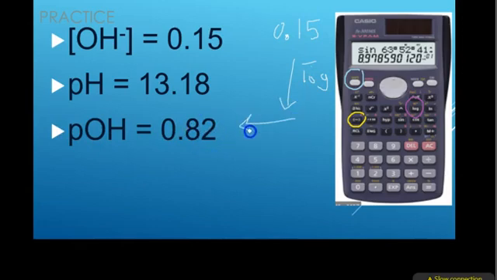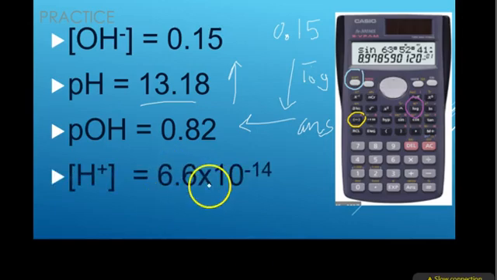Then I take 14 minus my answer of 0.82. That's when I get 13.18. Then if I want to go up, I take the shift log of my negative 13.18, and I end up with 6.6 times 10 to the negative 14 as I work my way around.